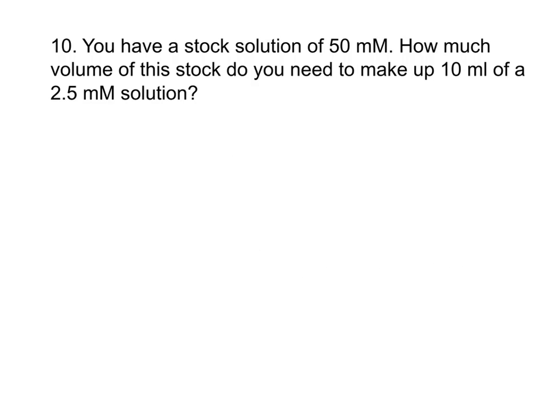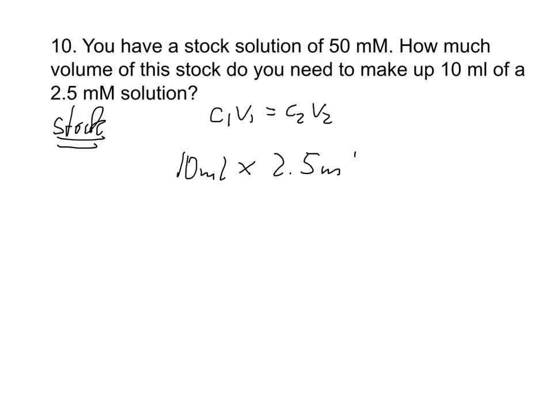In this question we are asked to make up a stock solution, and we can use the equation C1V1 equals C2V2, or we can use the shortcut and we say a man goes into the pharmacy with a prescription, and on the first prescription it says we want to have 10 milliliter of a 2.5 millimolar solution.